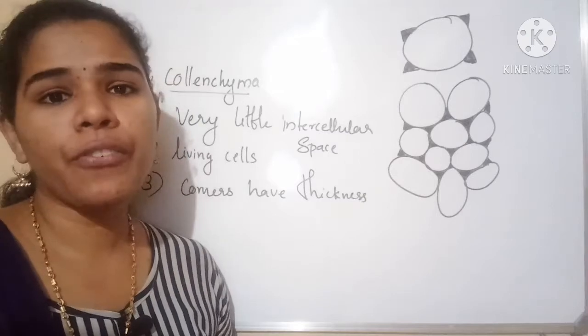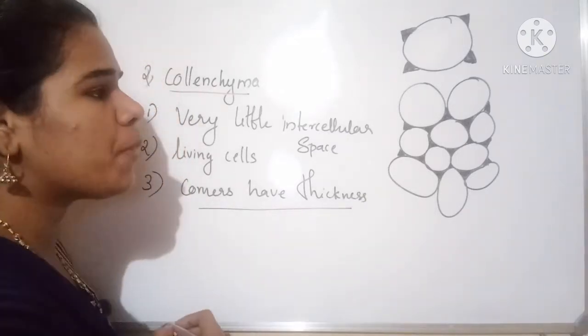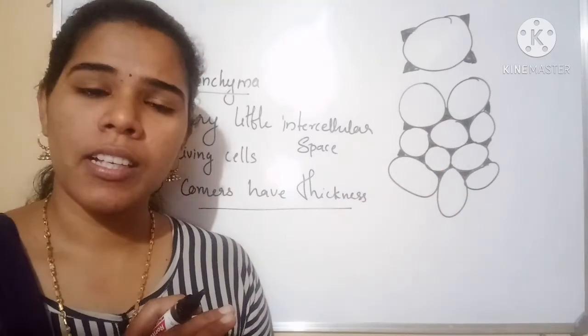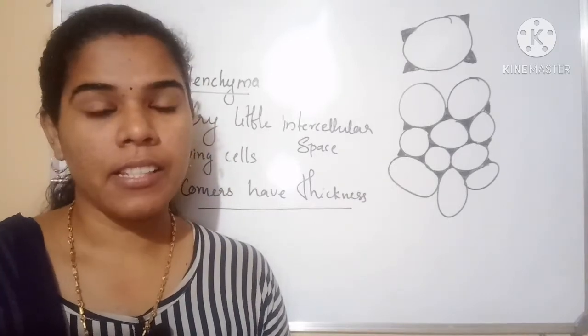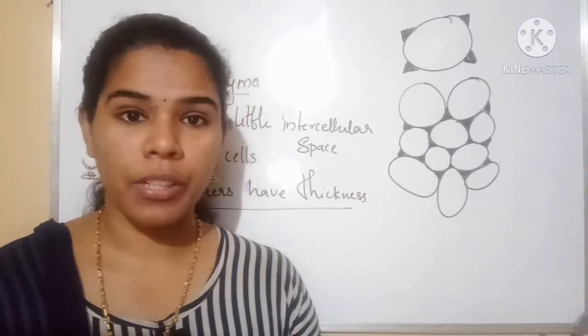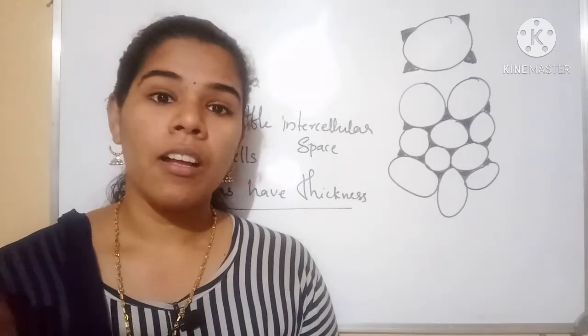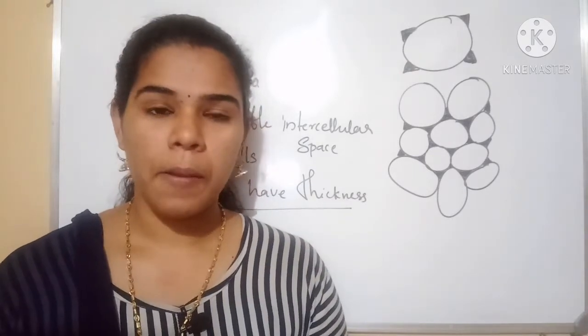The main function of this collenchyma is, which means, they help in the bending of plants. When you observe your surroundings, if wind blows, what happens? That time plants are bending.